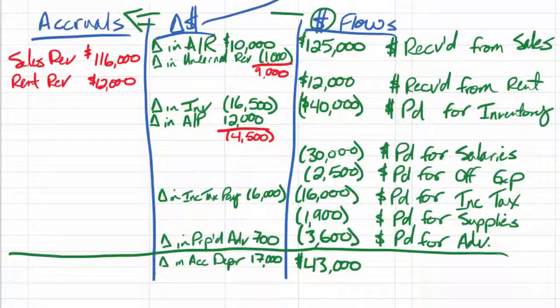Now, here's where our signs get kind of fun. We're going to take a negative 40,000 minus a negative 4,500. So it becomes, let me just write this out over here.